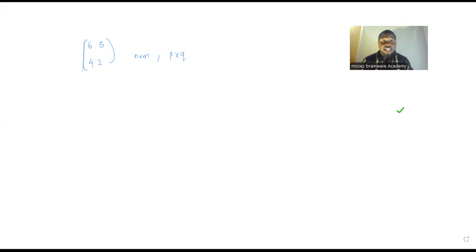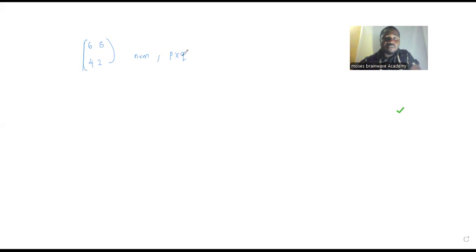That tells you it has m number of rows and n number of columns. For instance, if you have a matrix that has 3 rows and 3 columns, then you can say that the matrix has m number of rows and m number of columns.